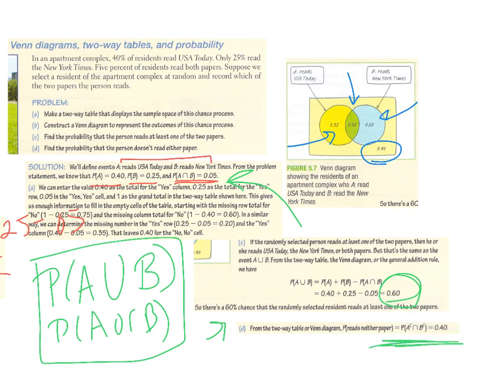The probability of the complement of A is that they do not read USA Today, and that would be 0.4. The probability of them reading neither paper, which you'll see is the same as 1 minus 0.6.